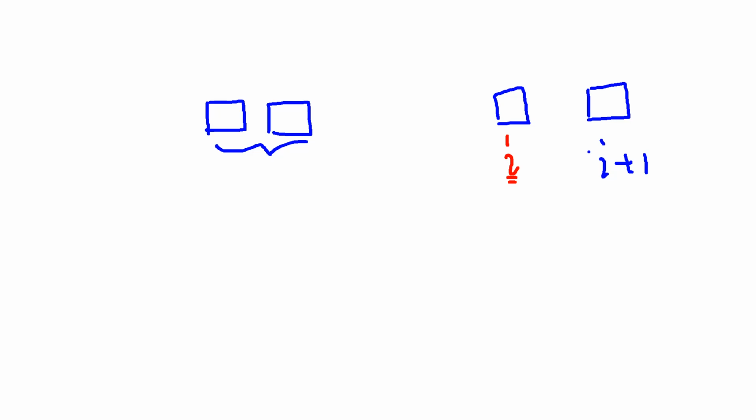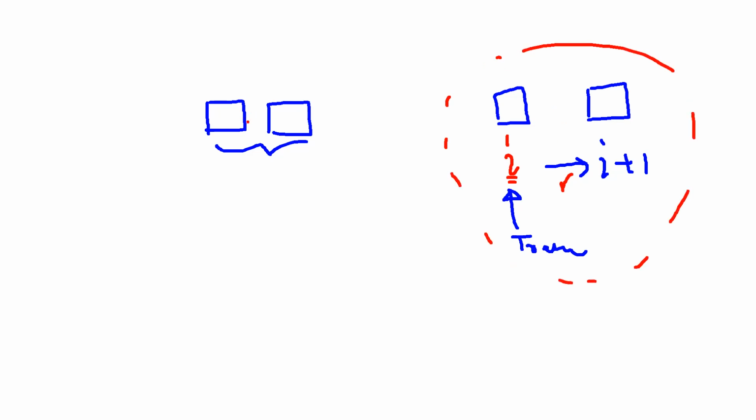Namely, assume this case is true, and then if you can prove that the next, i plus 1, is true also, that means in general you can prove that this is true, right? So for the basis step, you show that at the beginning the smallest number of variables is true.